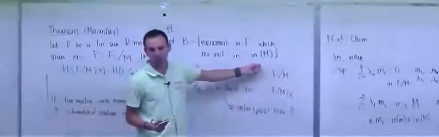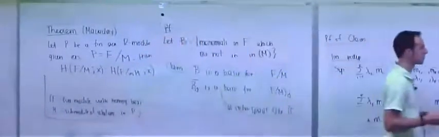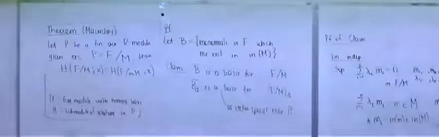So if you're a monomial and you're not in B, it's because you are in the initial module. What does it mean to be in the initial module? It means that there exists a module element m such that m is equal to the initial term of f plus smaller things.